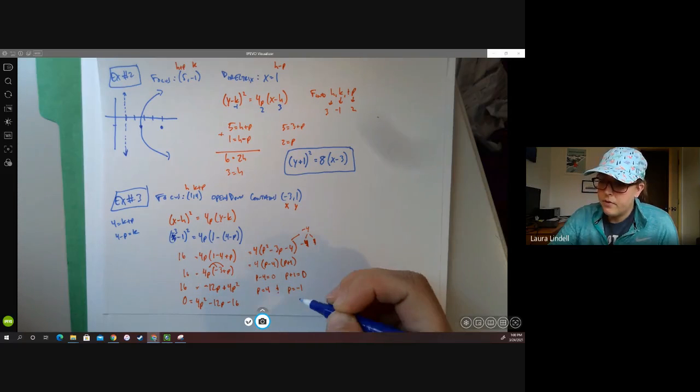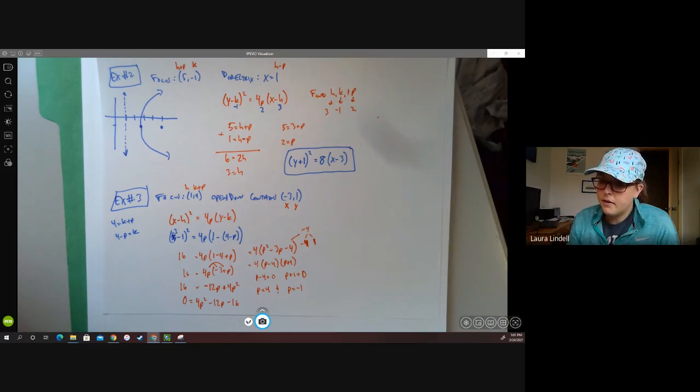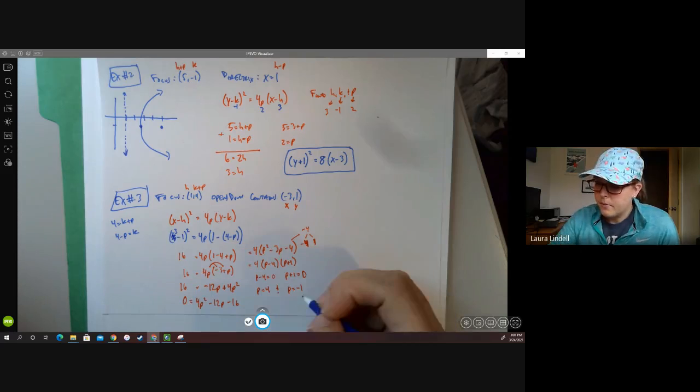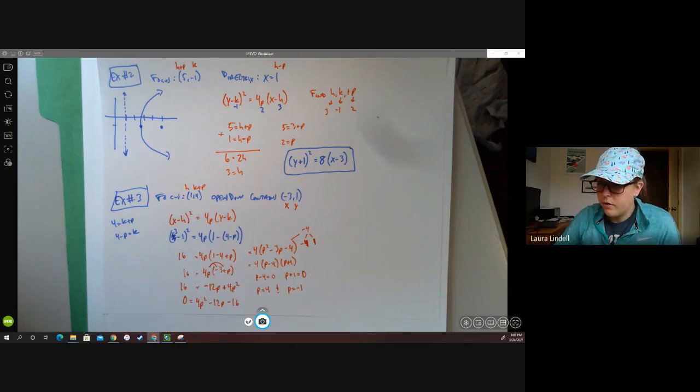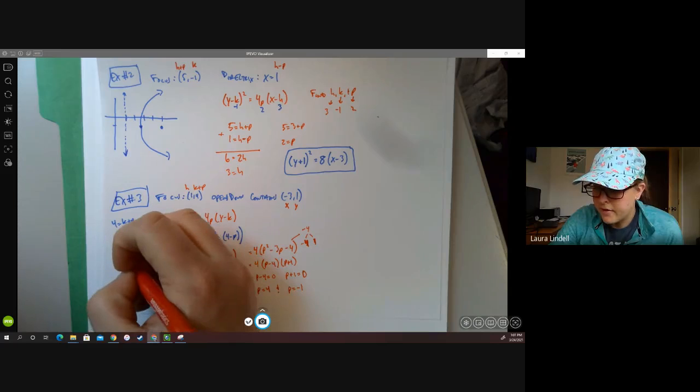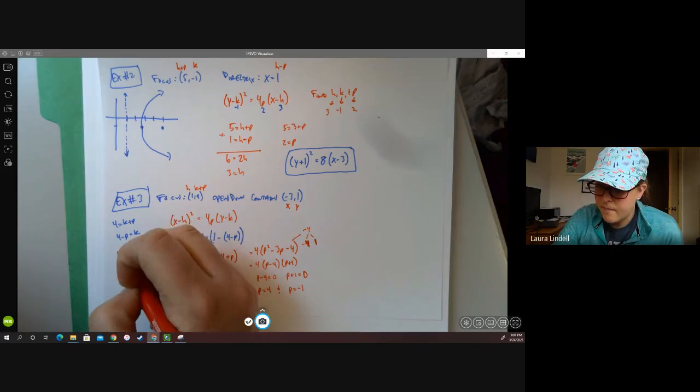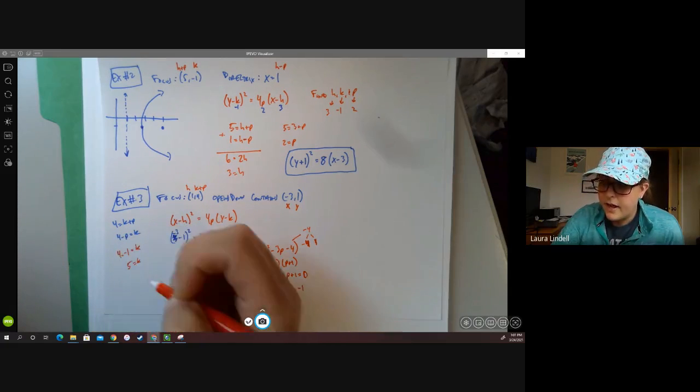So now we have h, we have p, we need to find k. So I'm going to take this -1 value and plug it back in up here. We know that 4 minus -1 is equal to k. So that means that k is 5.